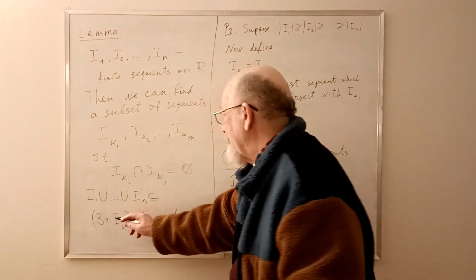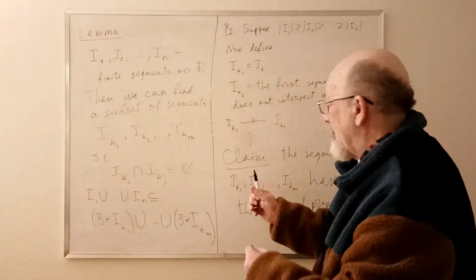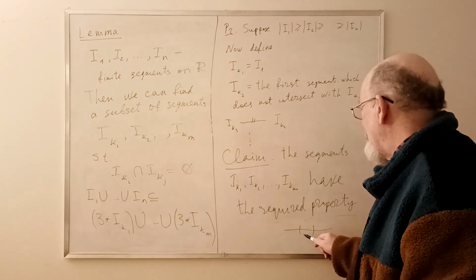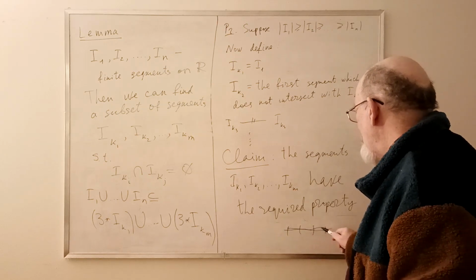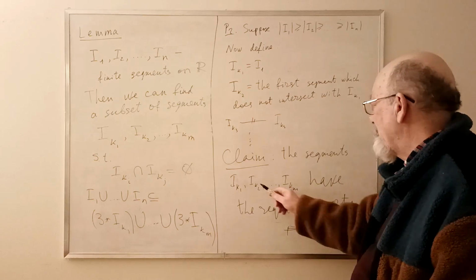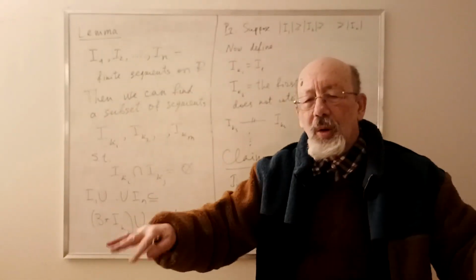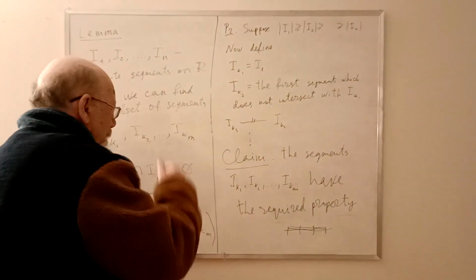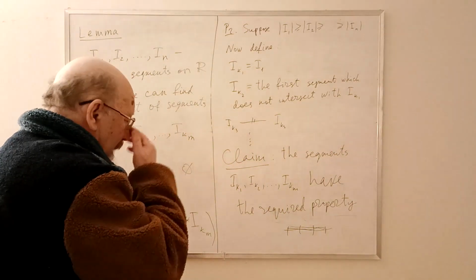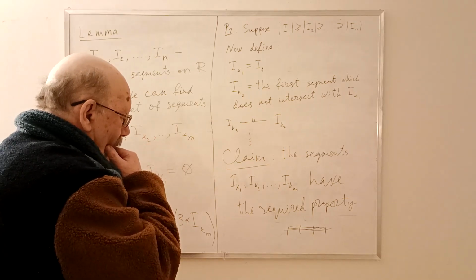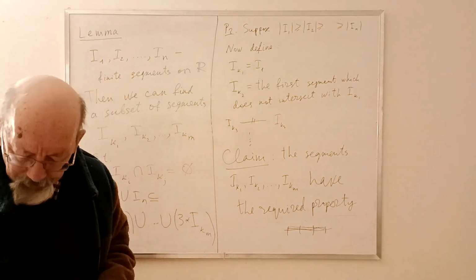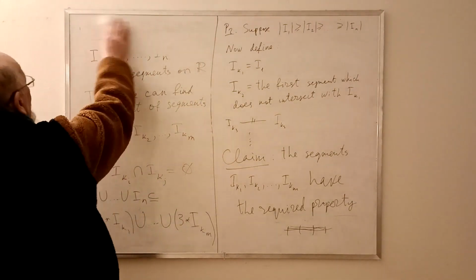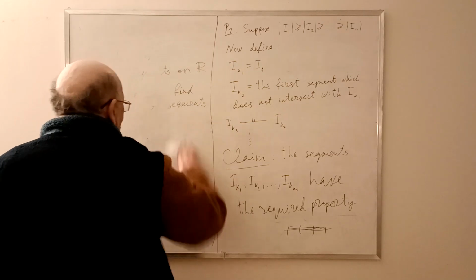The required property is this: if you take instead of each of these segments the tripled segment, then this system of tripled segments will cover all the segments completely. Why? Let us see.